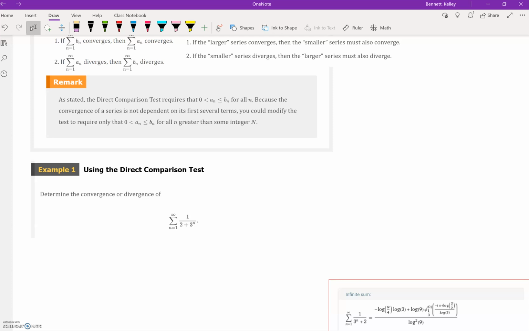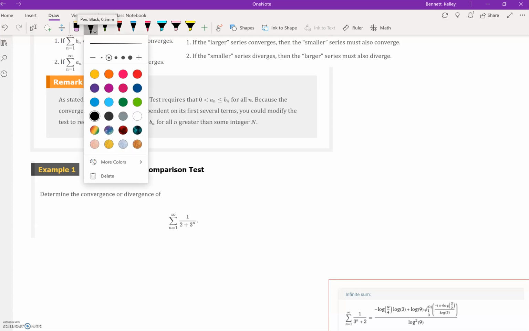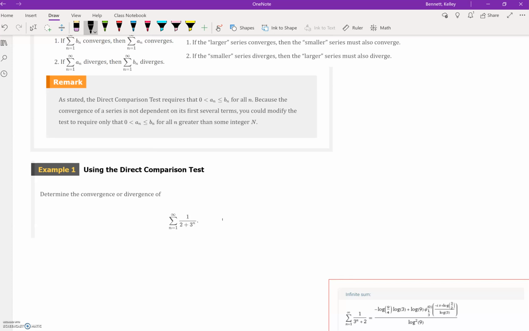And for this, we're going to compare it against the series of 1 over 3 to the n. I can write it this way, because I have a 1 on top and 1 to the n is always 1, so I can write it as 1 over 3 to the n.